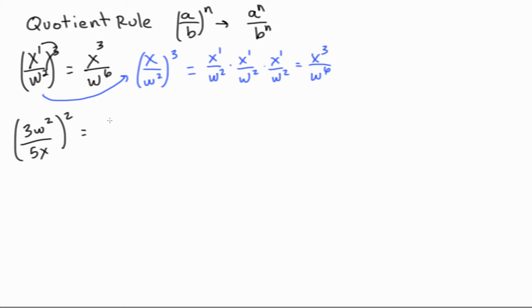Not to confuse you, but it's just a different way of doing it. Let's say we're going to separate the top from the bottom. Okay, and I'm still going to use the exponent of 2. This 2 is still outside. I just have it on the top and the bottom now.